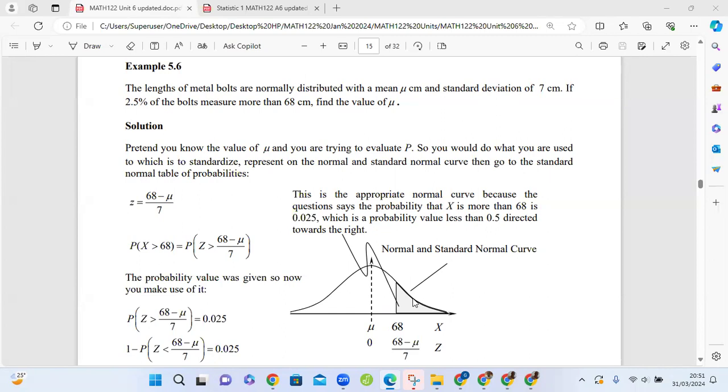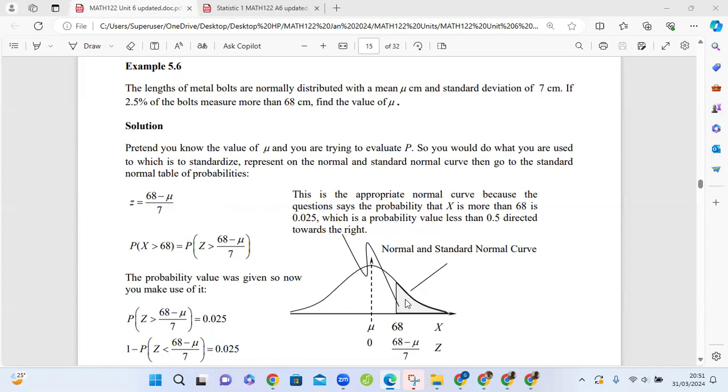So in summary, basically what you do, you standardize: translate the random variable, define what it is. Pretend you're calculating z, you get an incomplete calculation of z. You'll have two unknowns, z and mu. Now you sketch your curve to know where your z will be.